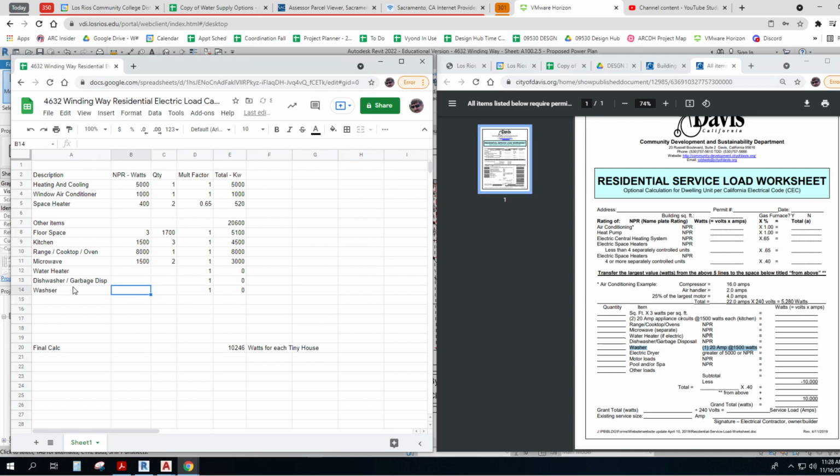So you can go look up how much a washer is, but they're telling you what to use. They want one single circuit for it. So it's going to be 1,500 watts, one.